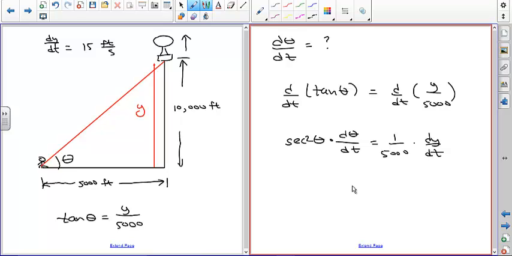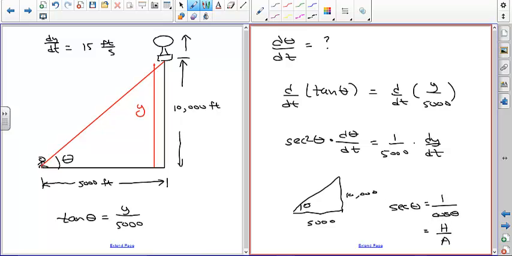So remember, if I drew a triangle here, there's theta, this is 10,000, this is 5,000. The secant of theta is 1 over the cosine of theta, so the secant is hypotenuse over adjacent instead of adjacent over hypotenuse.